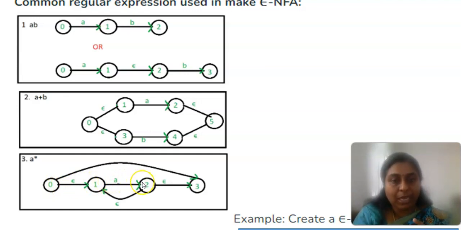After the first A is read, then for the second A, 2 moves to 1 via a null move, and then again reads A. That would be my second A. And then for my third A, the process is repeated again: there is a transition from state 2 to state 1 via epsilon, and from 1 to 2 the third A will be read, and eventually it will be taken to the final state.